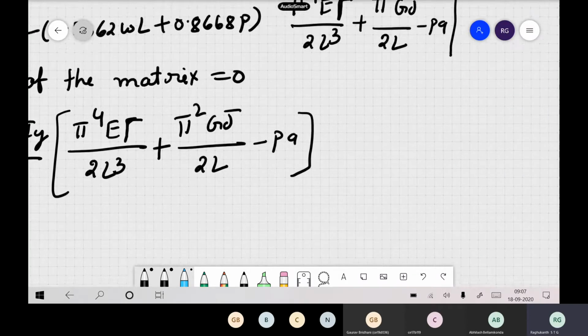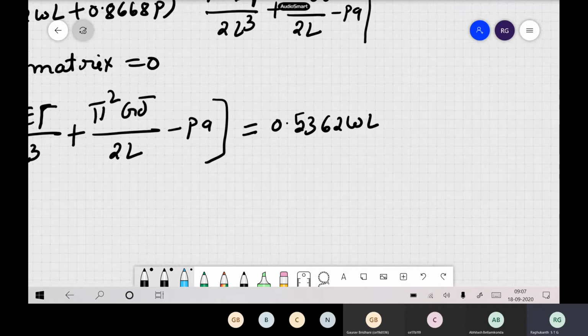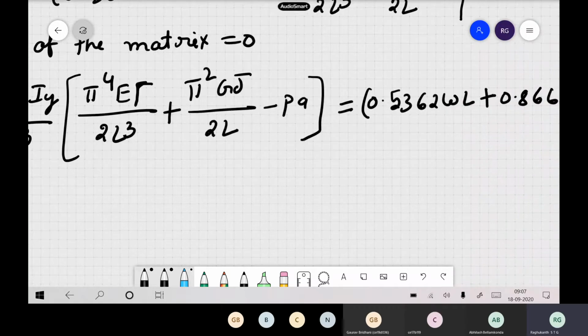This is a very easy determinant because it is a symmetric matrix. So 0.5362 times w times EL plus 0.8668 times P, whole squared. So this is our matrix which comes in.